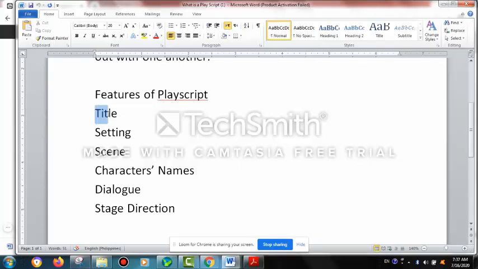Also, in our previous lessons, we've learned about the features of Playscript. We learned that we need to include the title, the setting, the scene, the characters' names, the dialogue, and the stage direction in writing our simple Playscript. So the title is the name of the story. The setting talks about when or where the story happened.